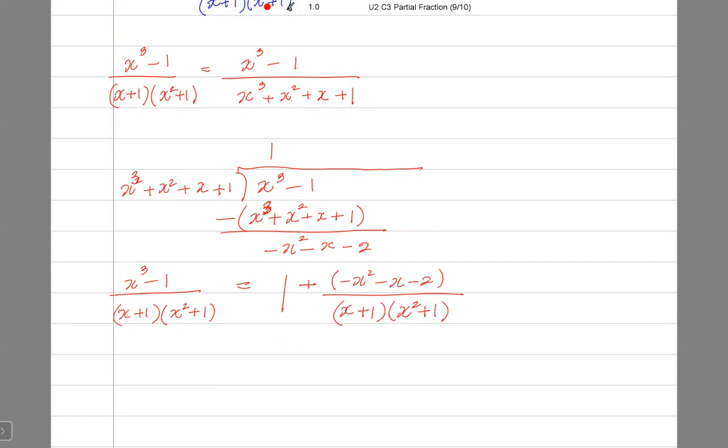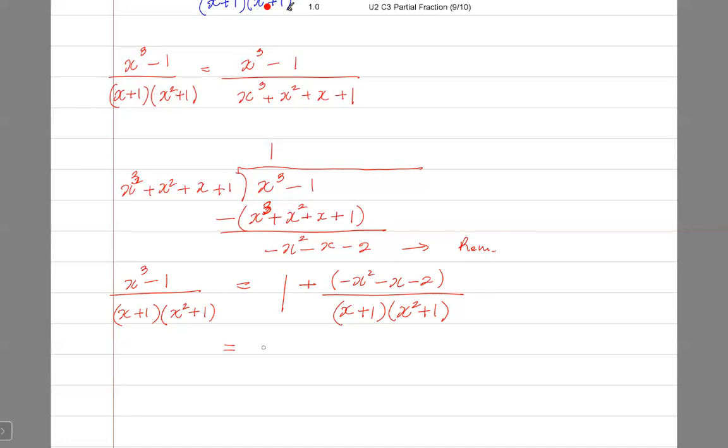That is what it is saying. So what you get after you divide and you subtract, this is the remainder. And so you're going to write back the 1 plus the remainder over whatever you're dividing by.